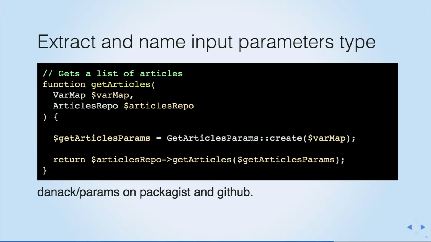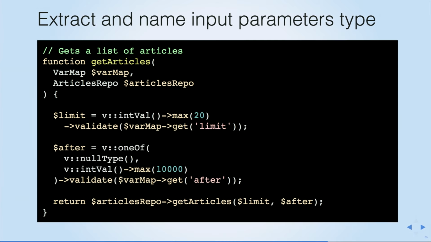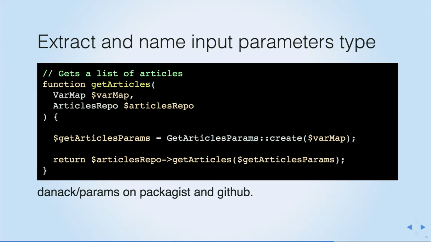So instead of having the validation rules in the controller, all the validation rules are contained inside the getArticle params object, and we can create it directly from the environment. As I said, it's on GitHub, but it's off topic for this talk.